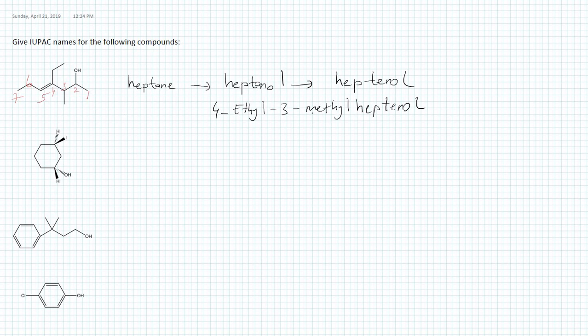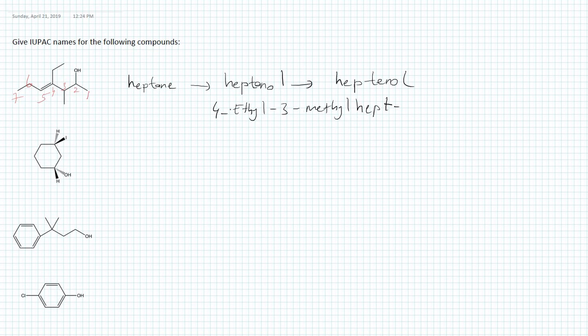I'm going to use the newer naming system, which includes the numbers of the functional groups just before the suffix. So basically, let's not write heptanol. After hept, we have to say heptene.